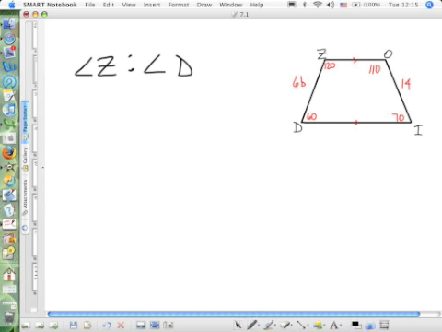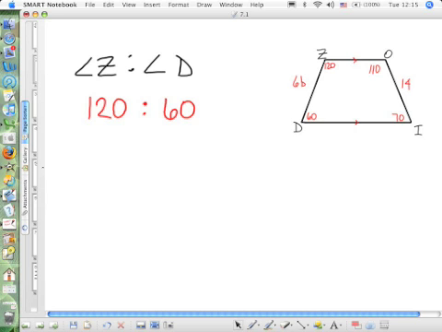Reduce them by whatever they can be reduced by. Angle Z has a measure of 120, and angle D has a measure of 60. They can both be reduced by 60. So the ratio is 2 to 1.